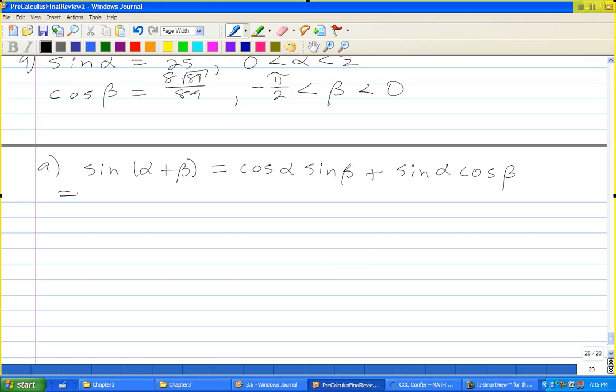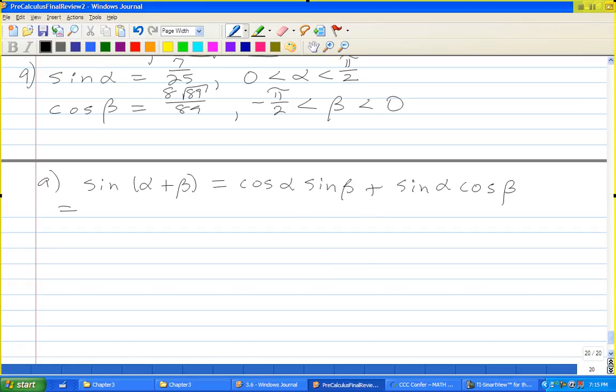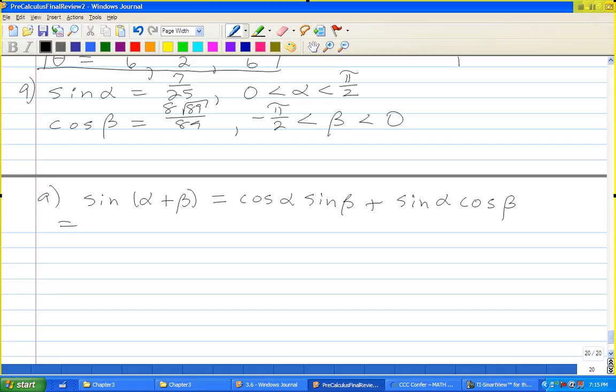So this is equal to cosine of alpha. And so, I guess I have to draw a few triangles here. So for alpha, the reference angle for alpha, it's sine, so it's 7 over 25.